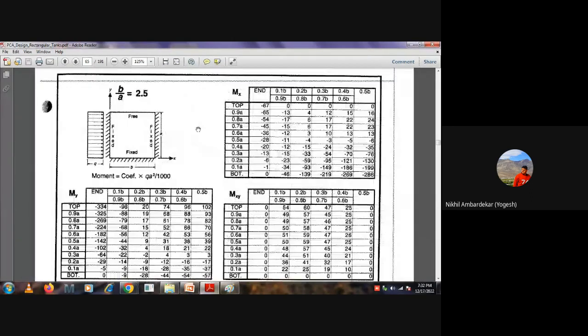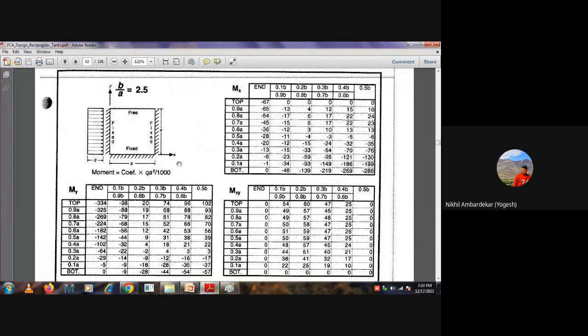Yes. So this is our case. Triangular pressure, rectangular pressure, 3 sides fixed, top free. So same way, please calculate the maximum bending moment for vertical MX. I will tell you your answer. Once you are done, tell me your answers.